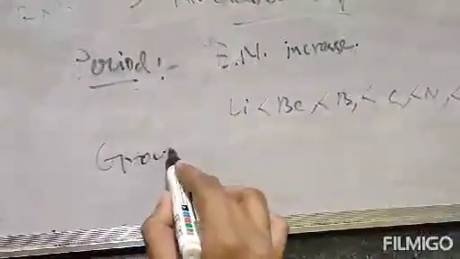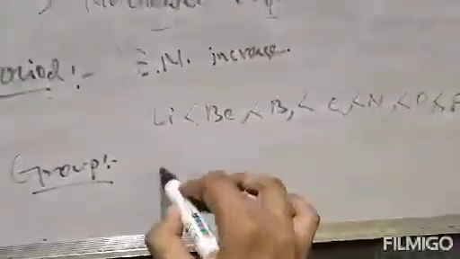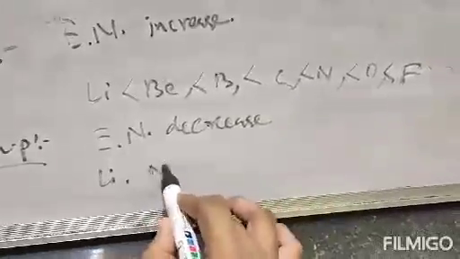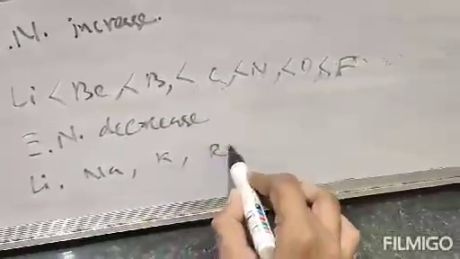Next, if we study group wise, electronegativity will decrease down the group. For example, take lithium, sodium, potassium, rubidium, cesium.